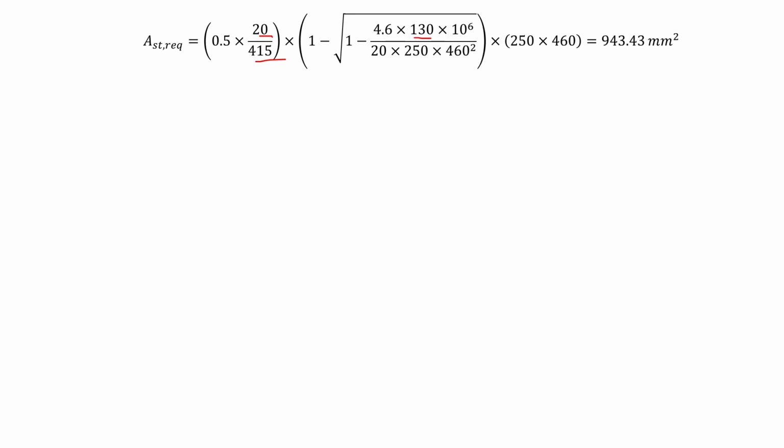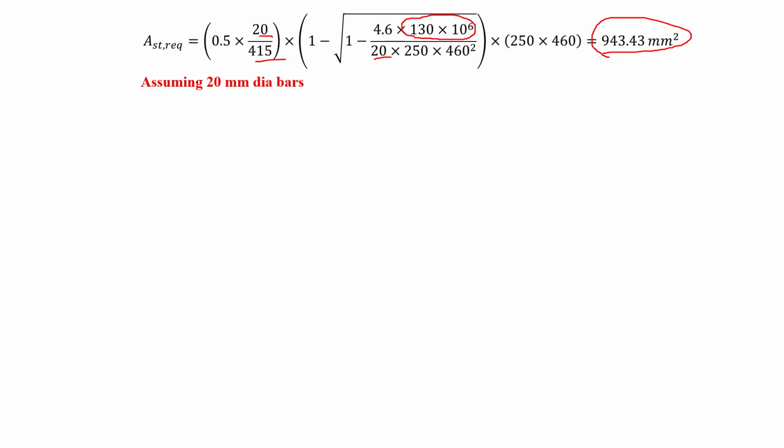Mu is the given moment, which we need to substitute in terms of Newton mm, 130 into 10 to the power 6. So this is FCK BD square. FCK is 20, B is 250, D effective depth is 460 square into BD. So 250 into 460, which gives me around 243.43 mm square. So this is the required reinforcement for the moment which they have given.